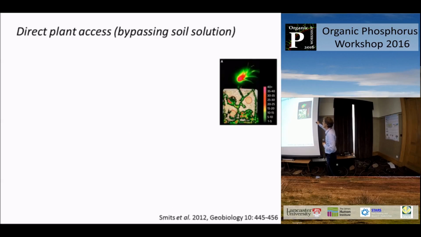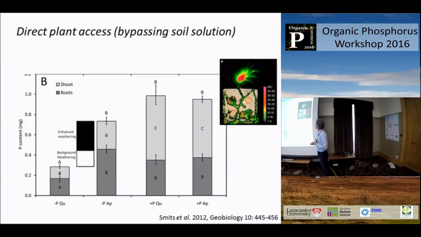So back to these very simple microcosms, we could do a mass balance because it's a very clean system.